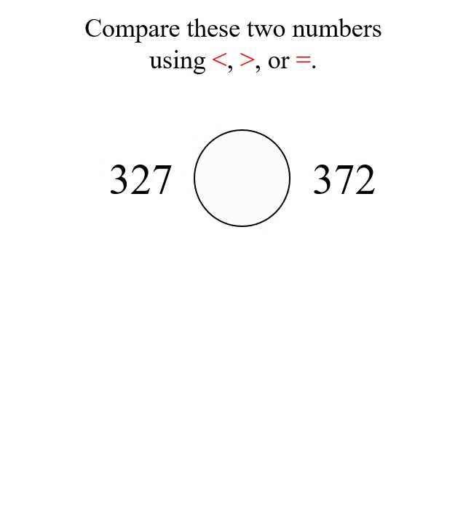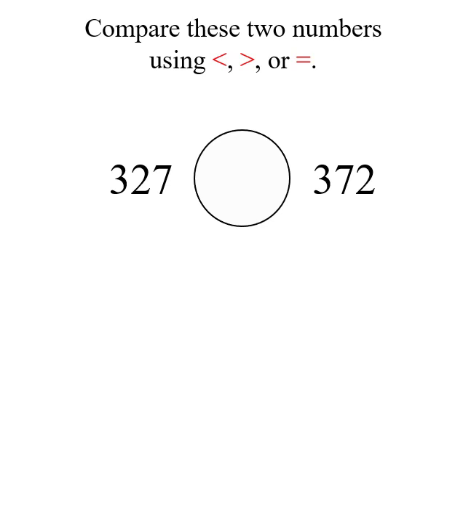This time I have 327. I'm comparing it to 372. Start in the hundreds place. I have 3 hundreds and 3 hundreds. No idea yet which one is less than or greater than. Go to my tens place. I have 2 tens and 7 tens. I know 2 tens is less than 7 tens, so now I know that 327 is less than 372.